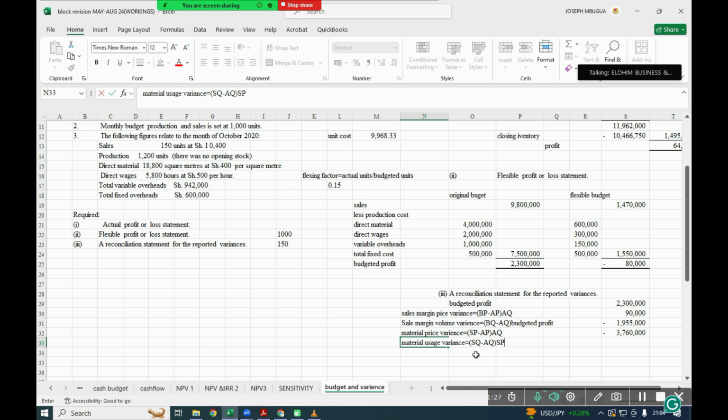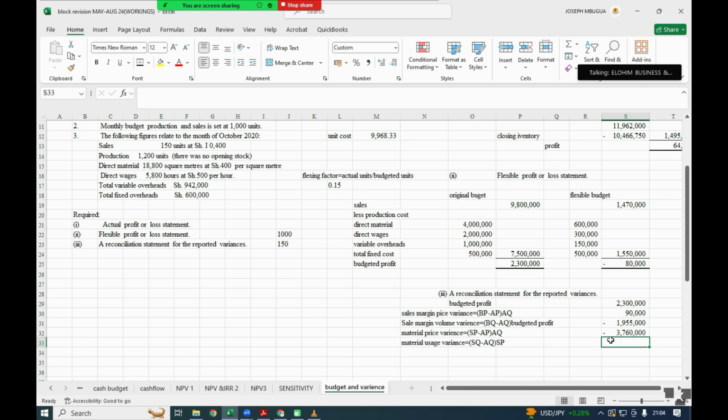In this case, we deal with the standard in actual, what we had budgeted under the actual production, what we could have used vis-a-vis what we used, and we multiply that with the standard price.